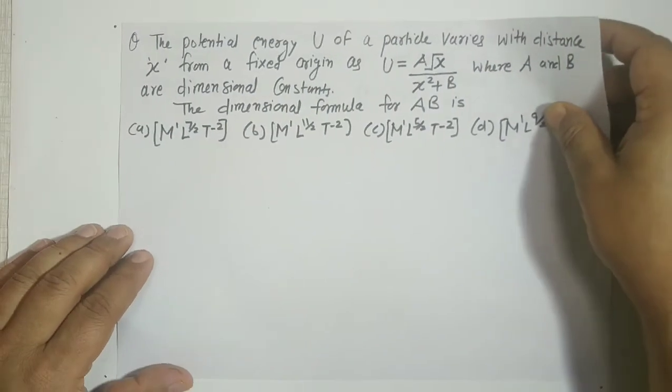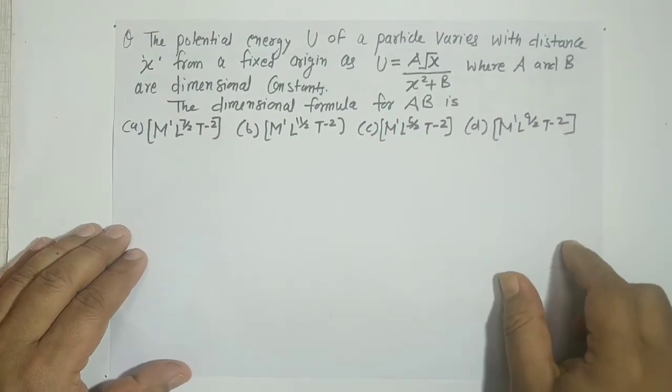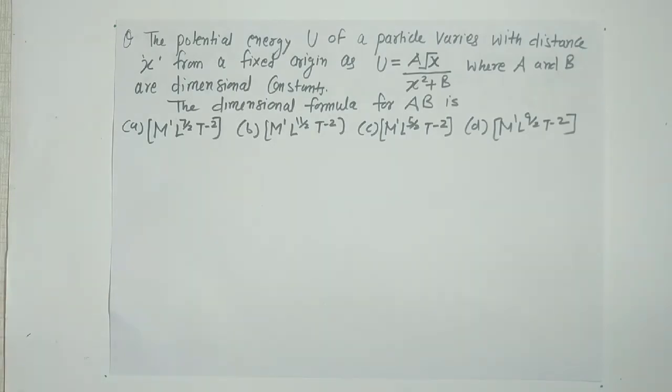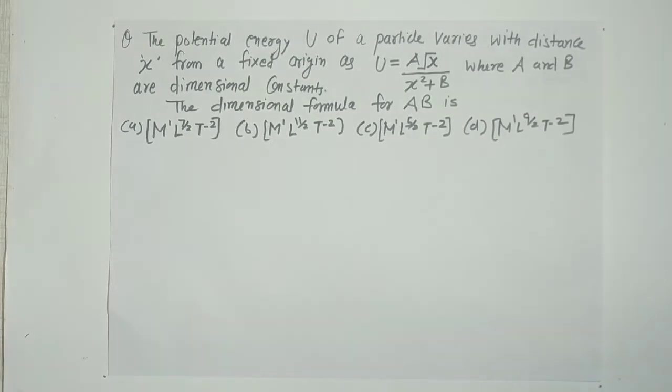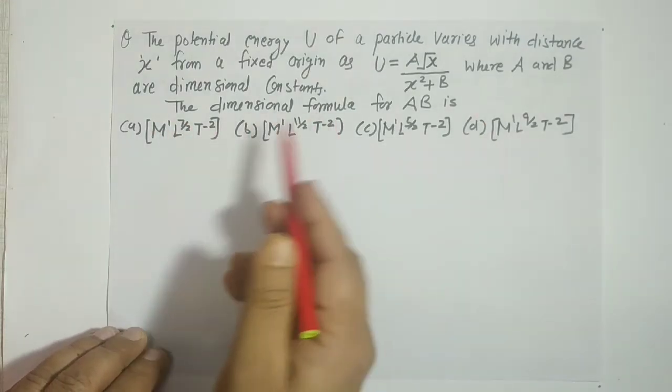Okay, now we have the next question, and this is again related with dimensions. The potential energy of a particle varies with the distance x from a fixed origin, and it is given by this relation, where A and B are dimensional constants.